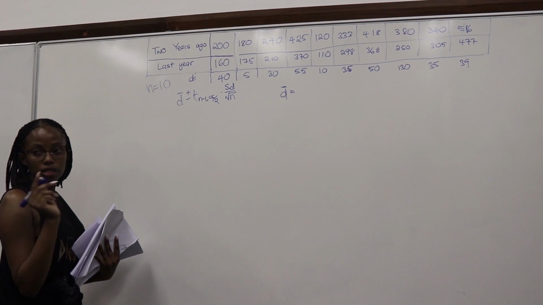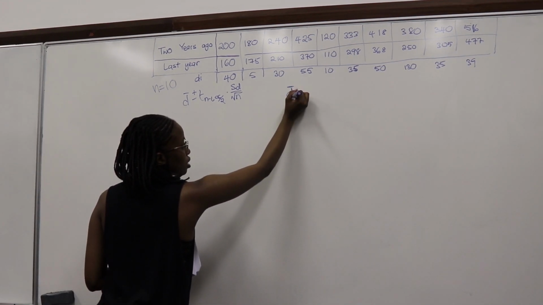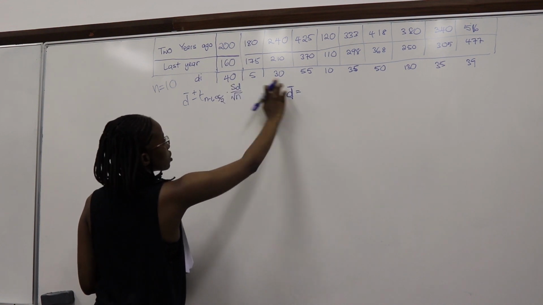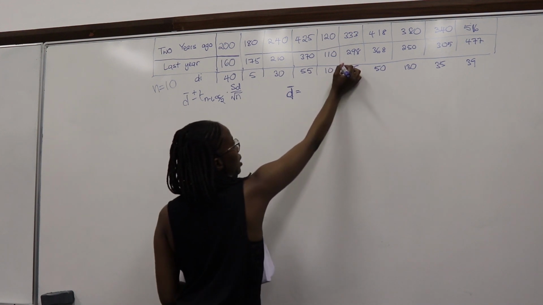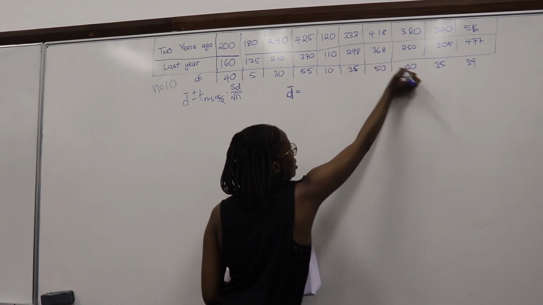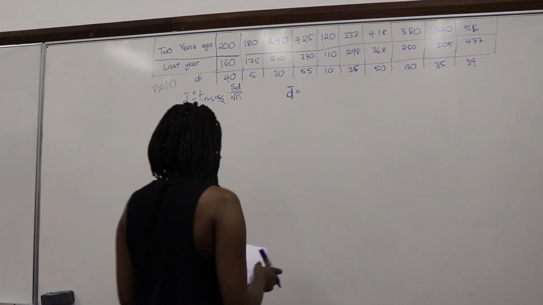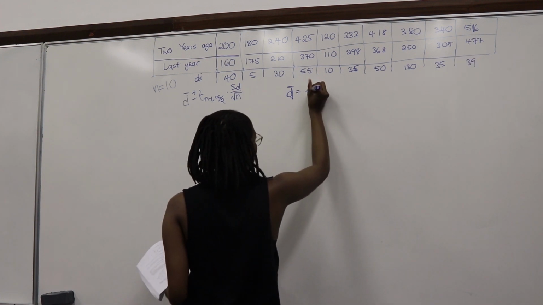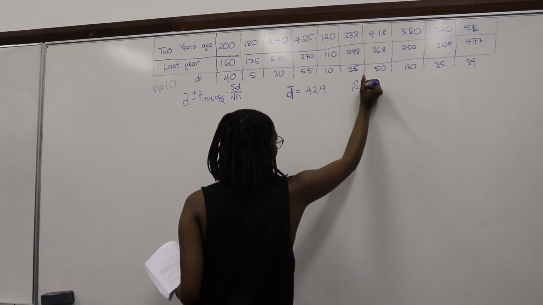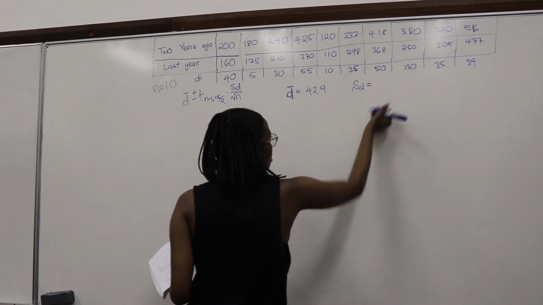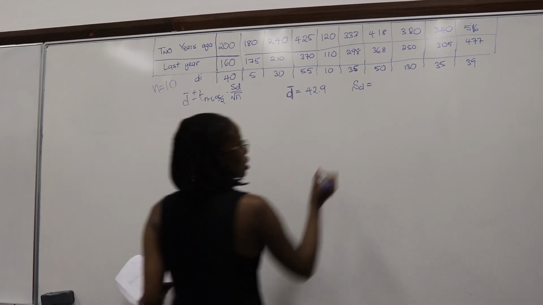In your calculator you look for x bar and record it as d bar here. Can someone help me with that value? 42.9. And can I please have the standard deviation, which we call SD? 34.3461.